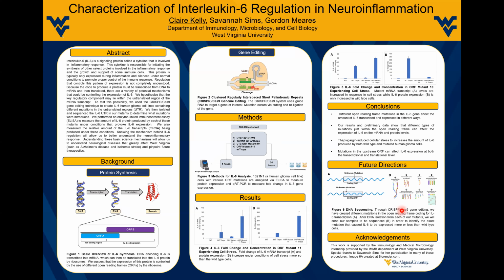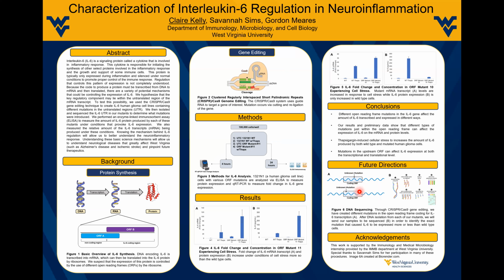So our next step, what I'm working on now, is to sequence the IL-6 gene of our different mutants to see exactly what's going on within the genetic code of this protein. Panel A here is just a depiction of what we have. Maybe this is just trying to show you that there are mutations at different places in each mutant.